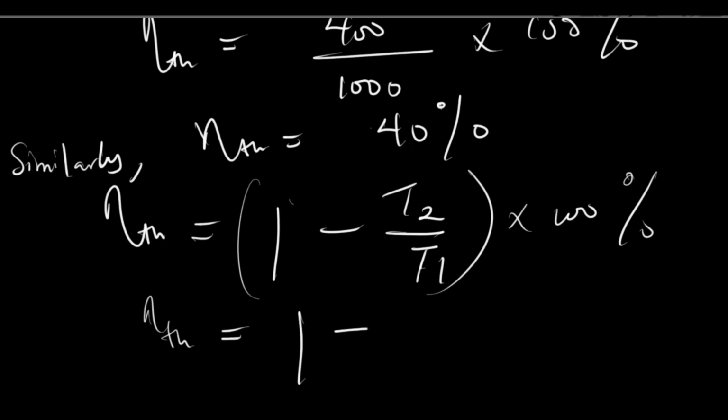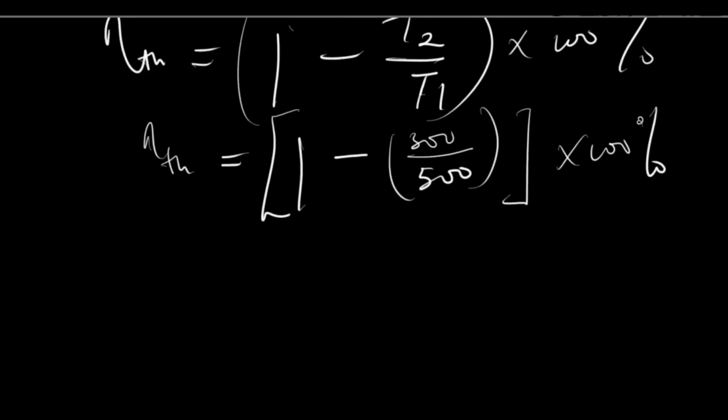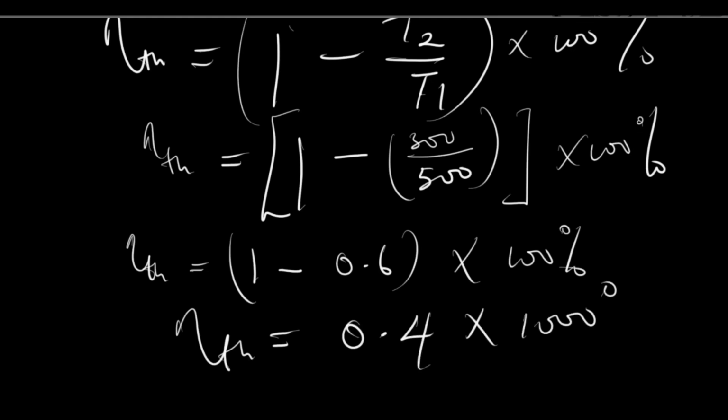So 1 minus T2 is what? 300. T1 is 500, times 100%. So we have that 1 minus 0.6 times 100%. So this is 0.4 times 100%.